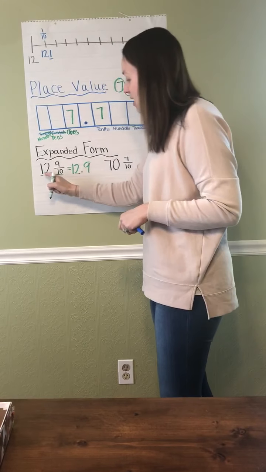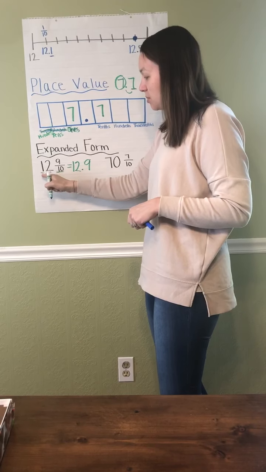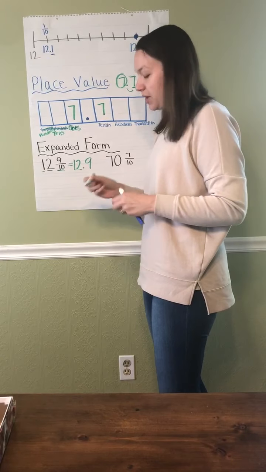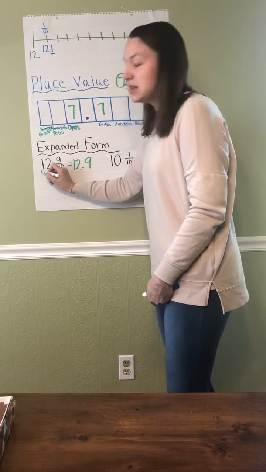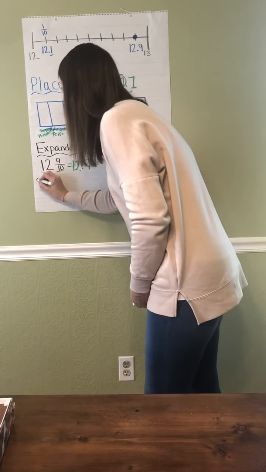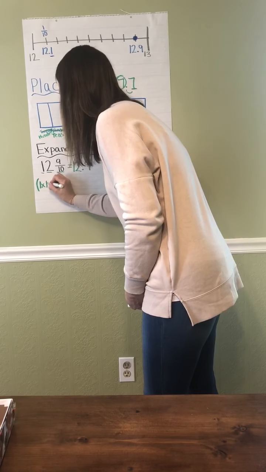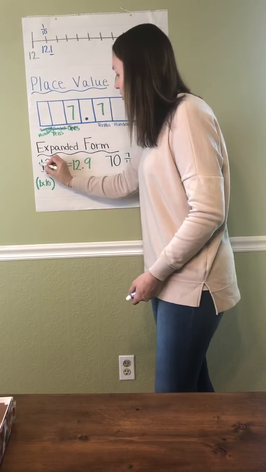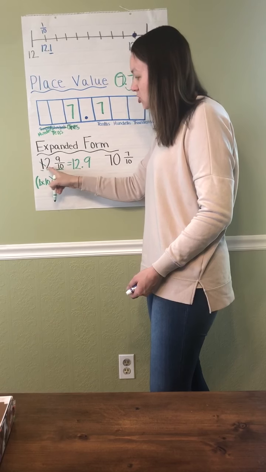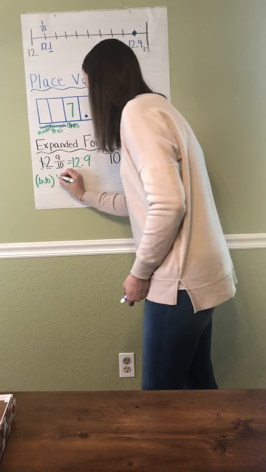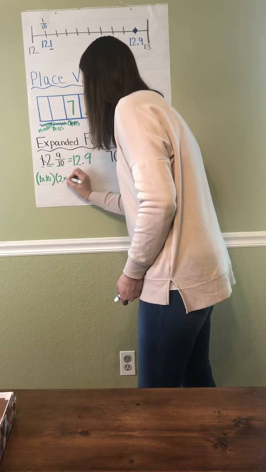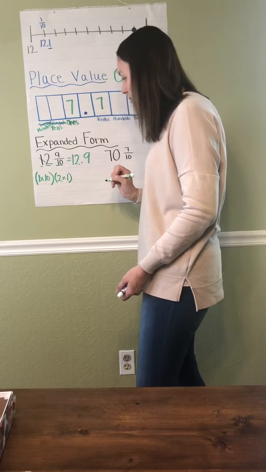So if I'm going to do expanded form for this, each one of these numbers has to have its own parenthesis. My 1 is in the tens place, so that would be 1 times 10. So I've done my 1. Now I'm going to do my 2, which is in the ones place. So that's going to be 2 times 1.